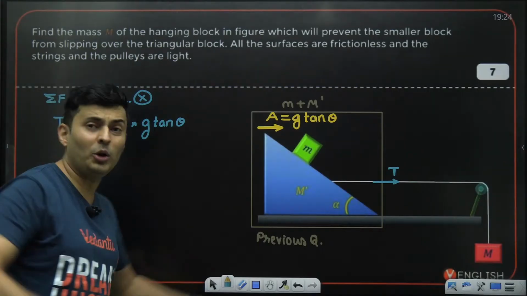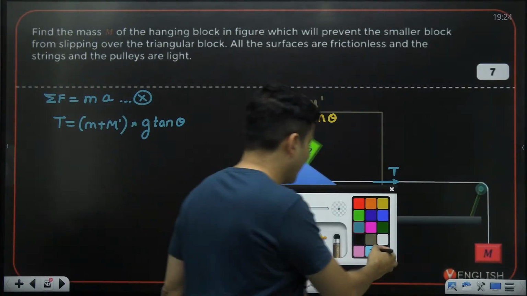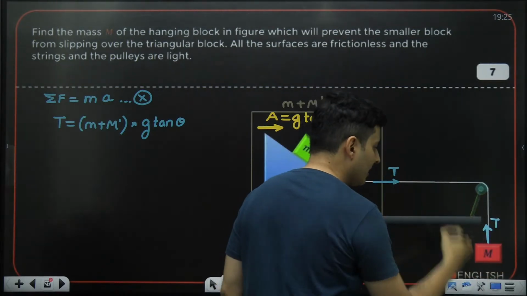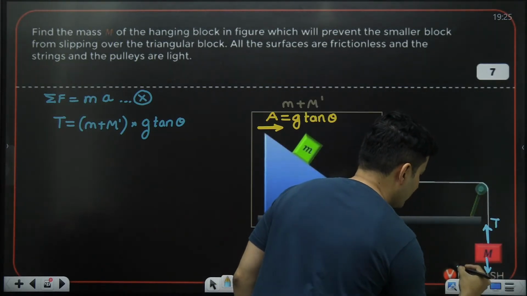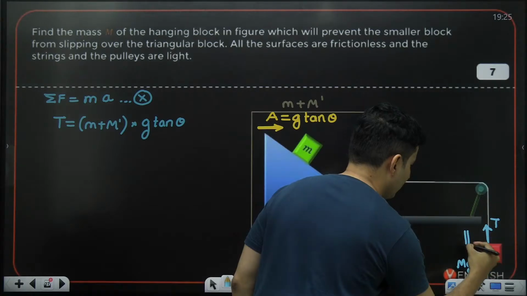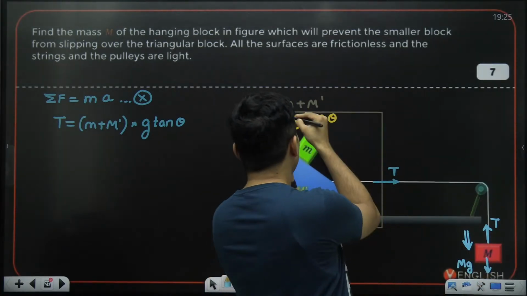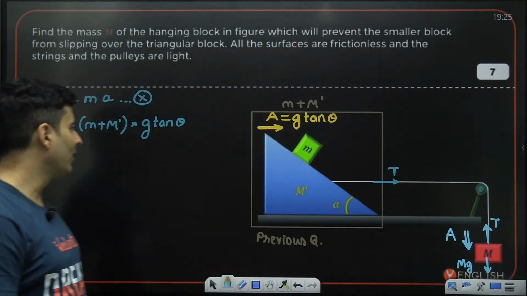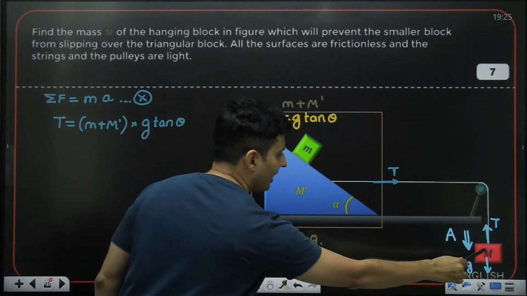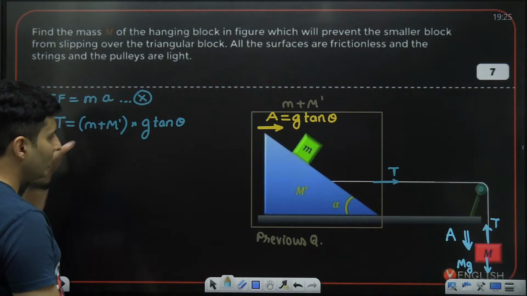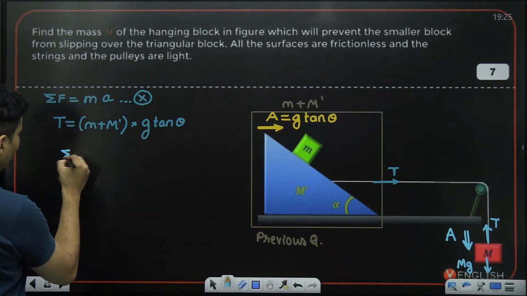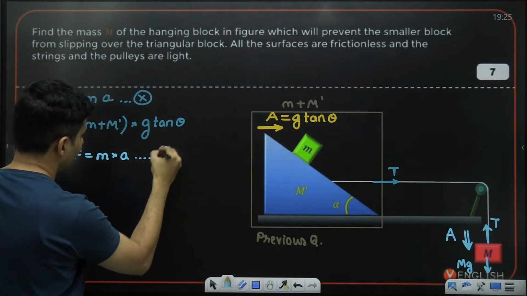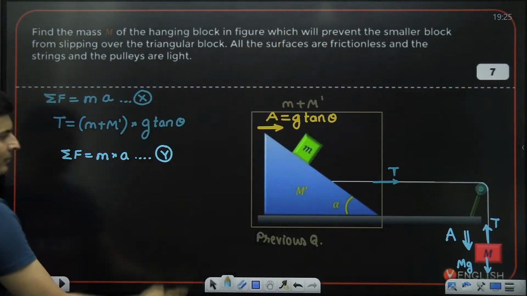Oh, amazing. What do I do with it? Go down over here. See what are the forces on this. Same string, same tension. There will be an additional capital Mg weight, and this will also be going down with the exact same acceleration. Oh, now we are getting onto something. If you draw the FBD, and again write net force is mass multiplied by acceleration, but this time in the vertical direction.